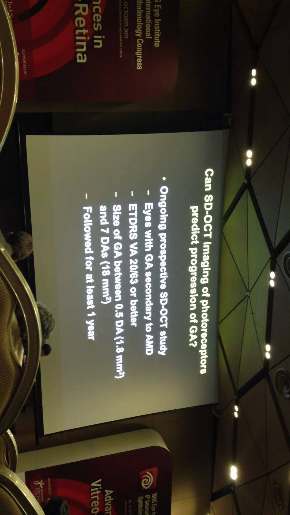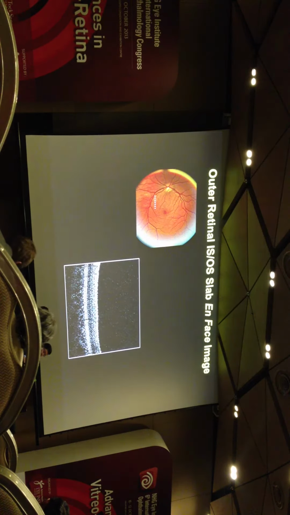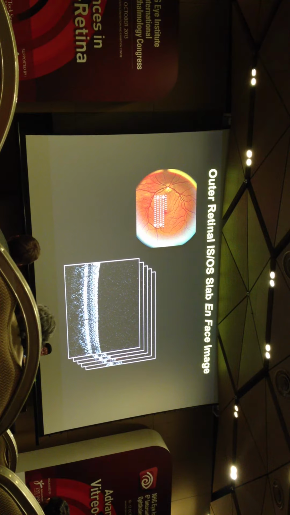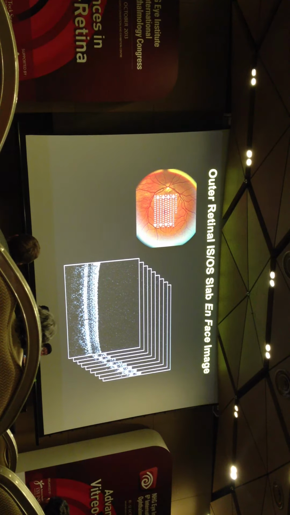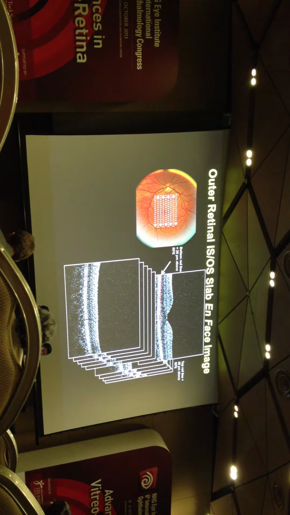So we looked at a bunch of cases with geographic atrophy, and we used the same scan pattern, only this time we looked at the ISOS zone, or boundary, the ellipsoid zone.